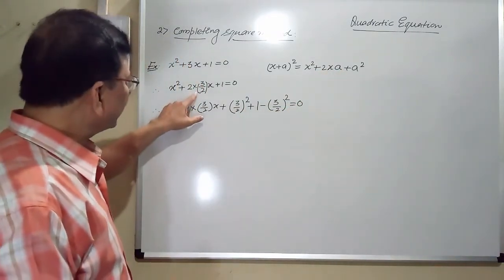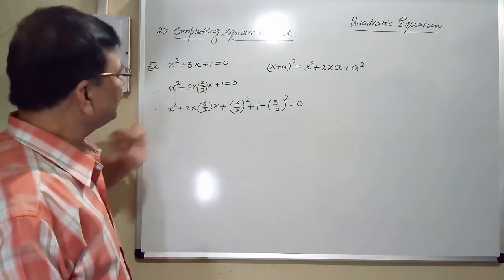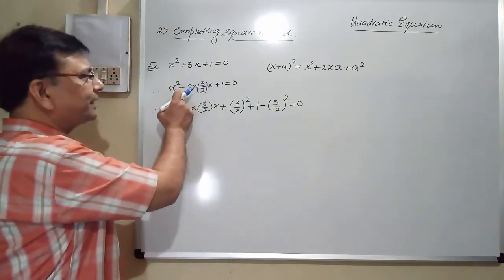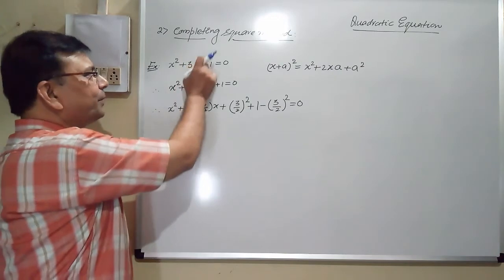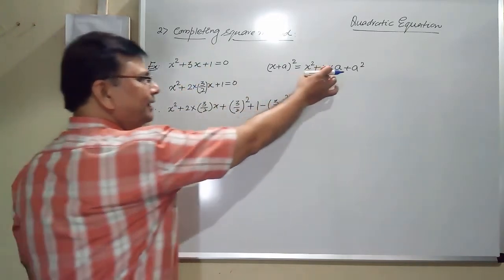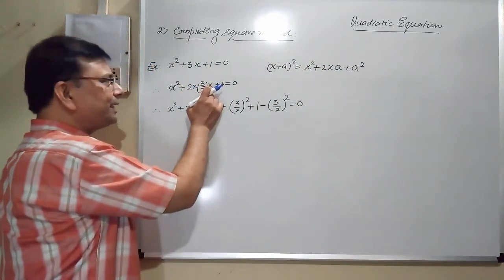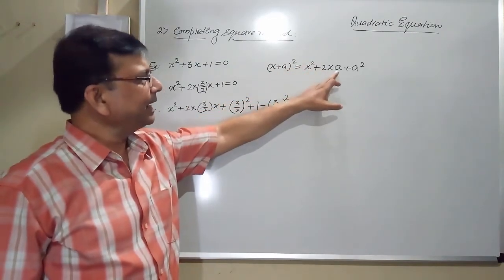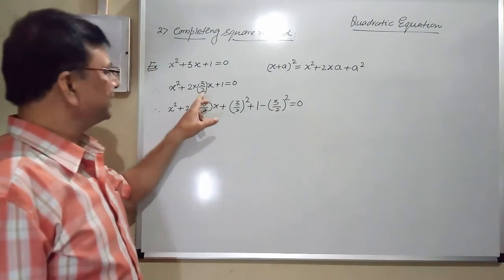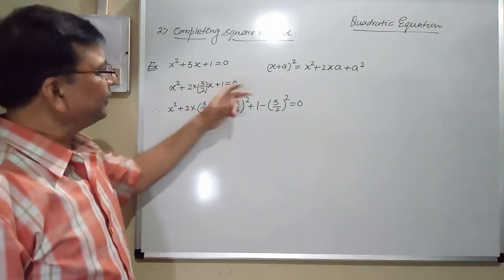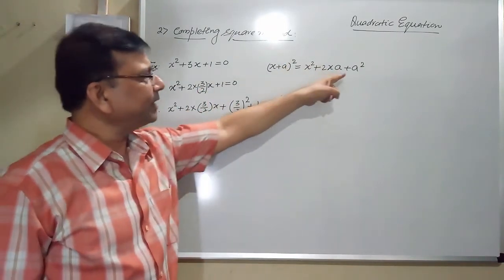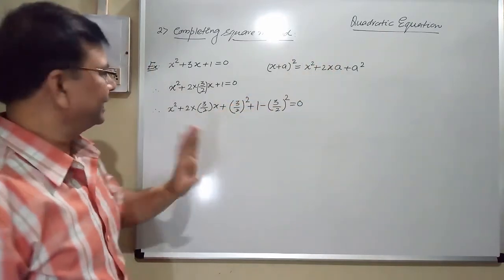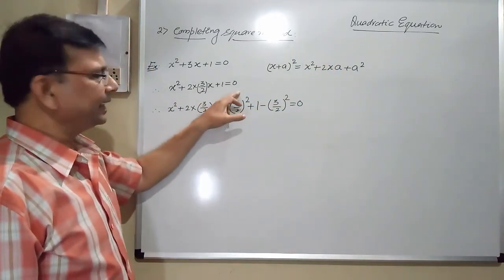So 2 into 3 by 2 if you write, 2 and 2 get cancelled, we will get 3x, there won't be any change. So 2 is mandatorily there, 3 by 2 into x, so one term x is there, and in place of a there is 3 by 2. So it will be a perfect square only if another a square is added. So this is a, so we added a square.